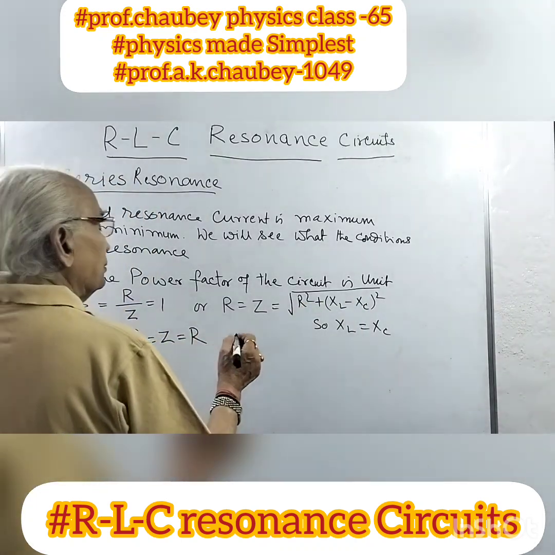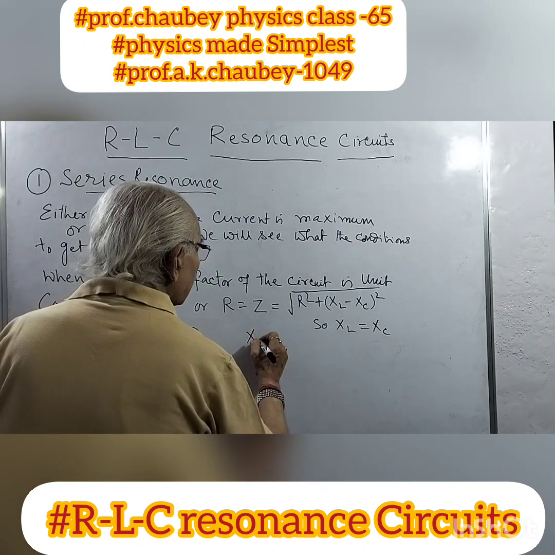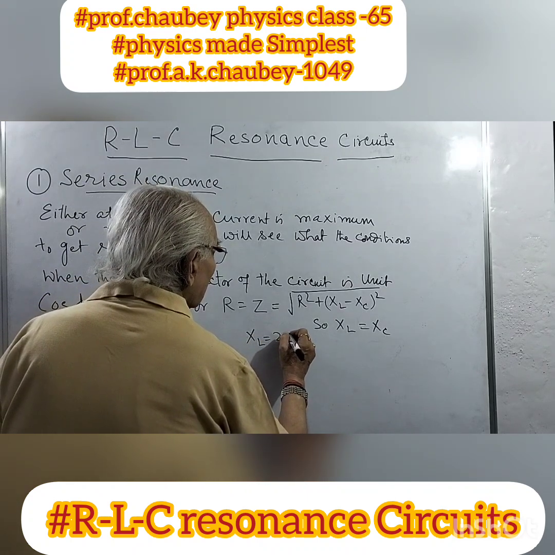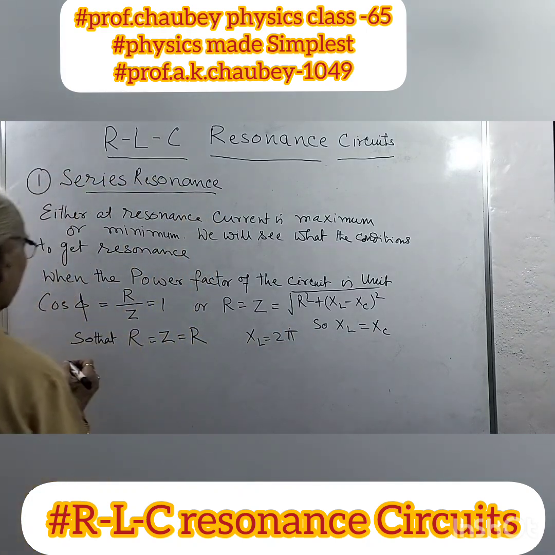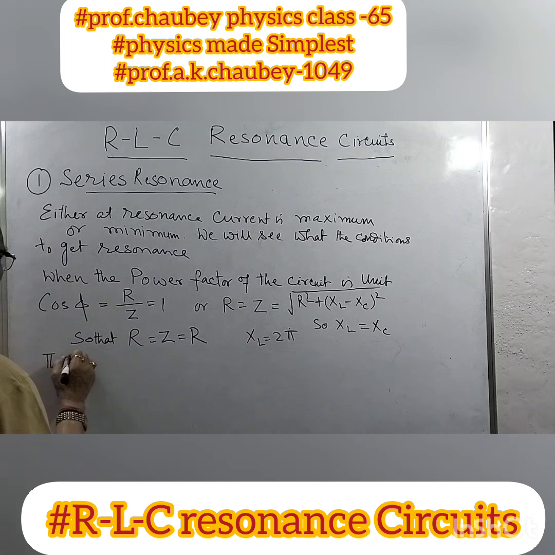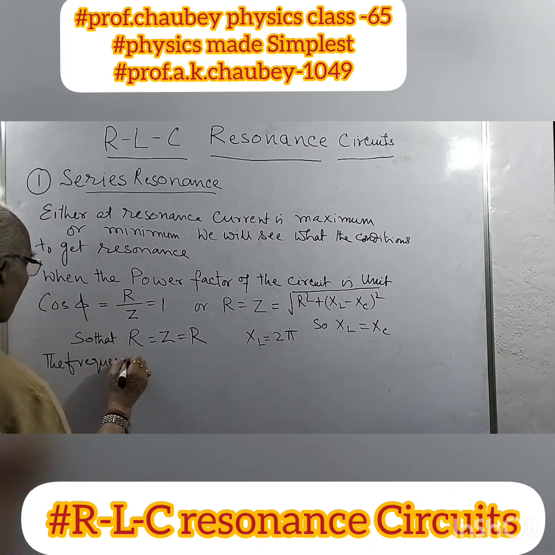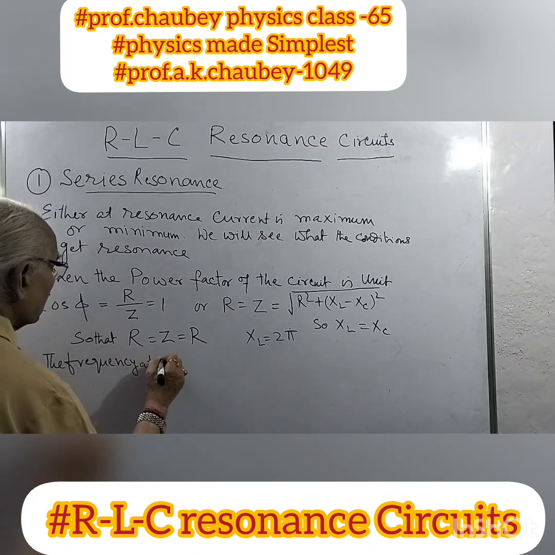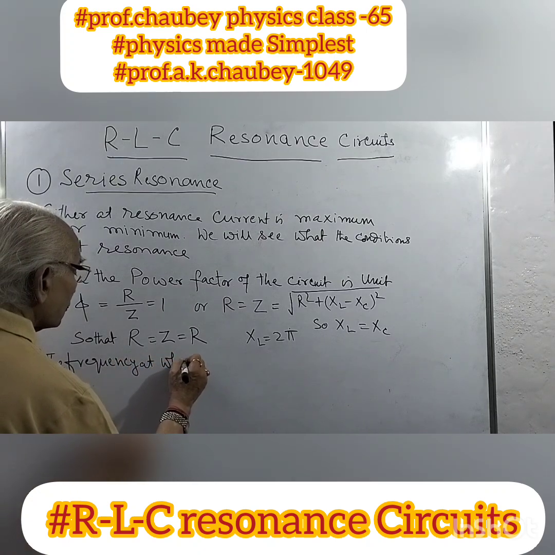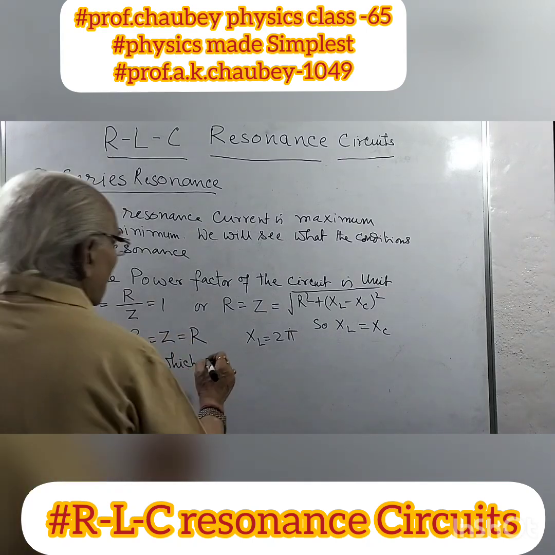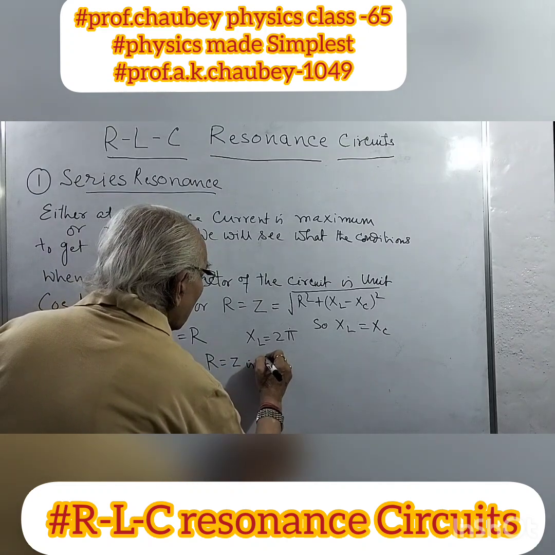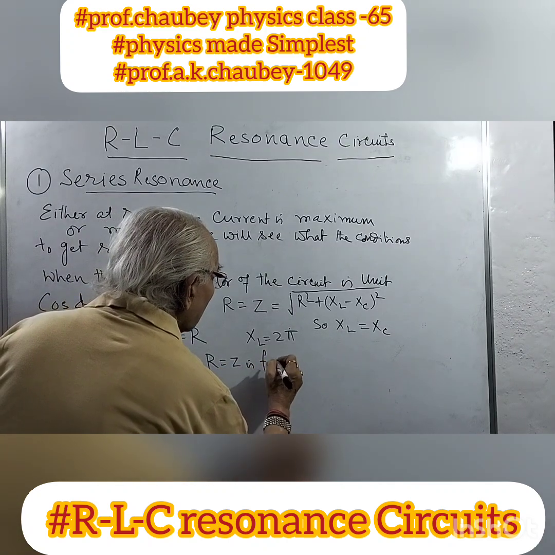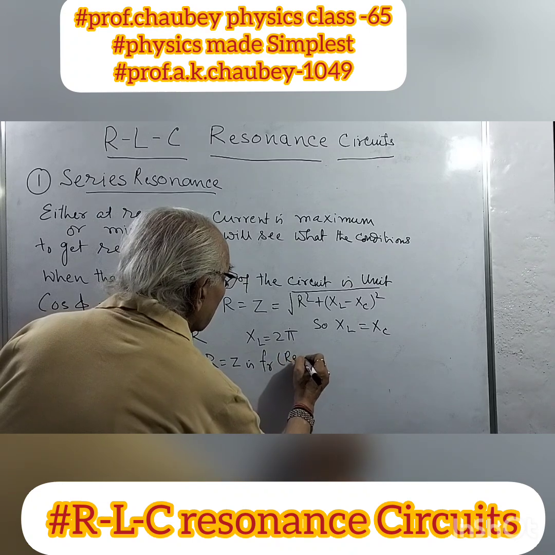So XL equal to XC. I call the frequency at which R is equal to Z as FR. That is called resonance frequency.